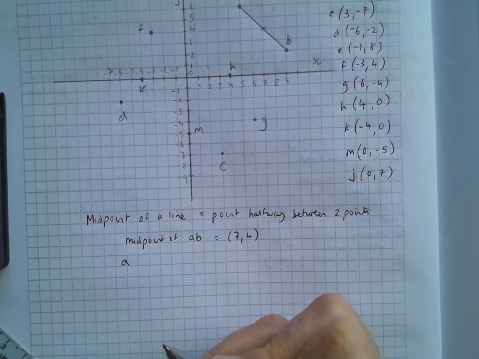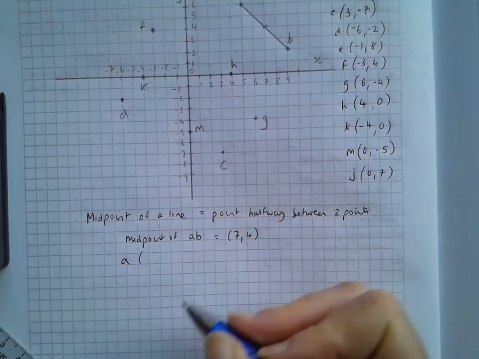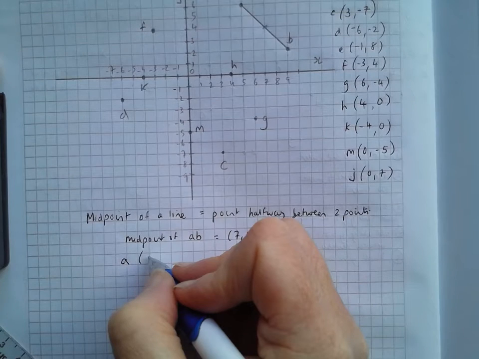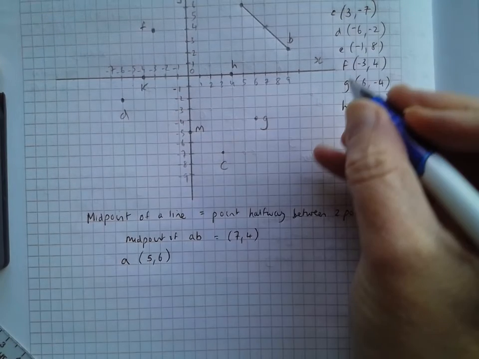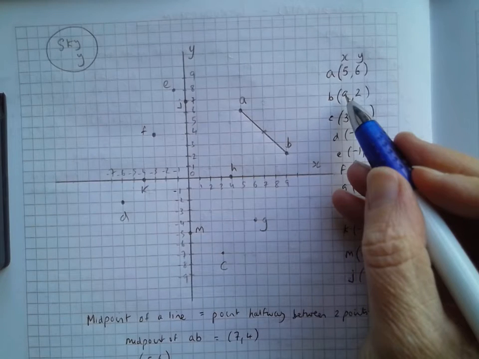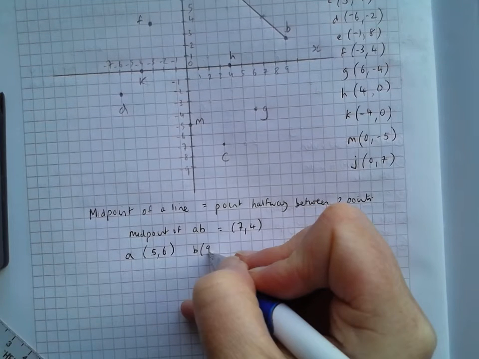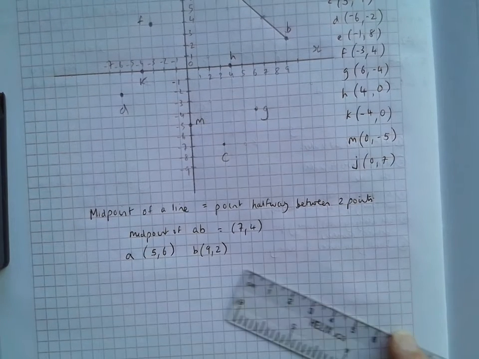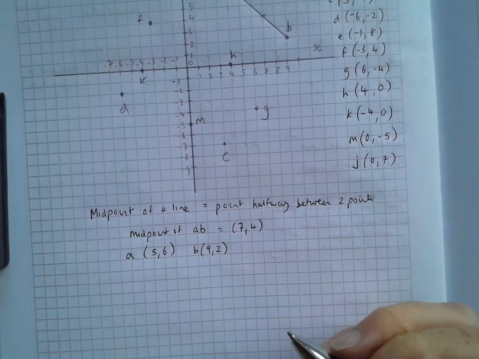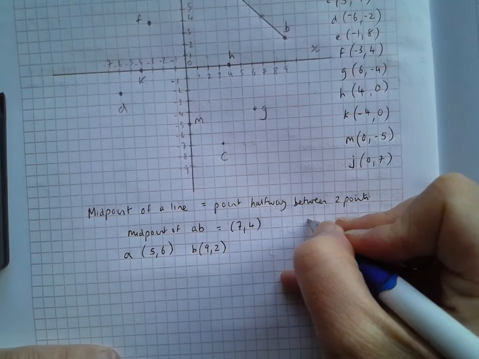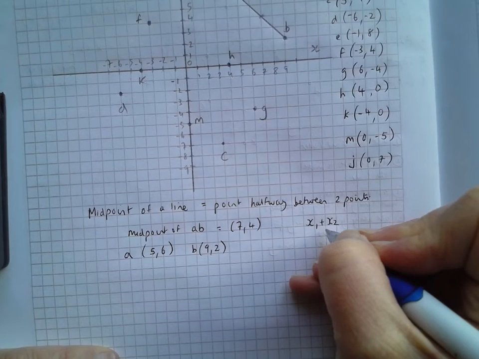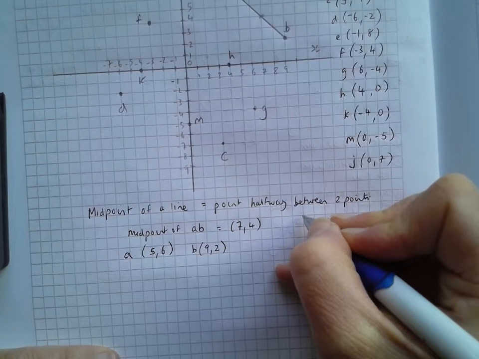Point A is 5, 6, and point B was 9, 2, and these are the 2 points that we're finding the midpoint of.